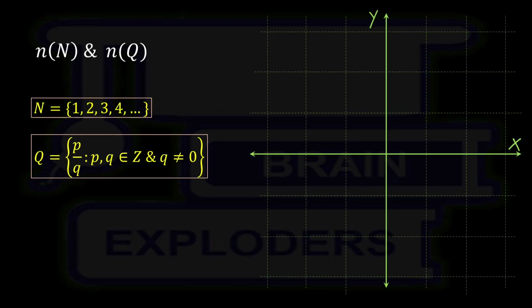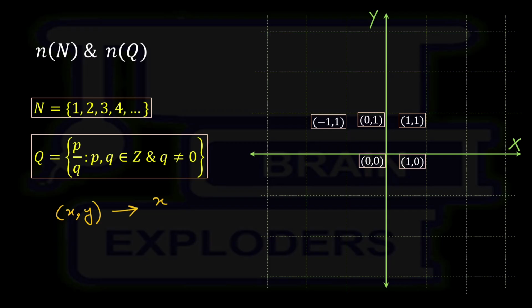Also, here in the xy plane, we will deal only with grid points, the points in which both the coordinates are integers, like 0 0, 1 0, 1 1, and so on. For every coordinate (x, y), we will write it as x upon y on this xy plane.